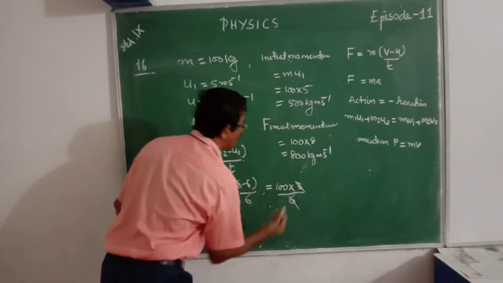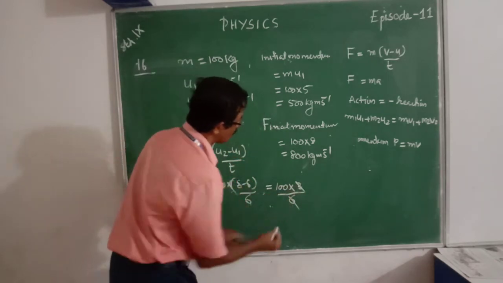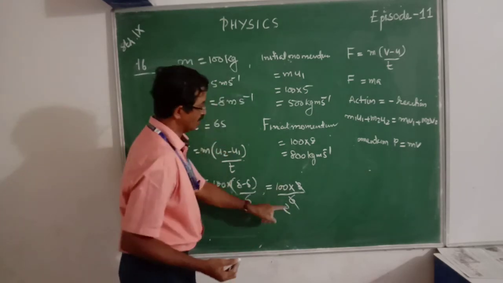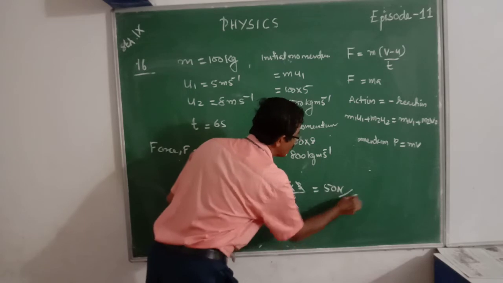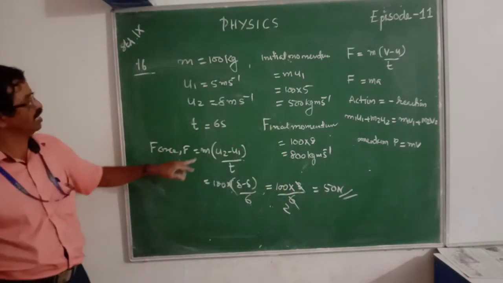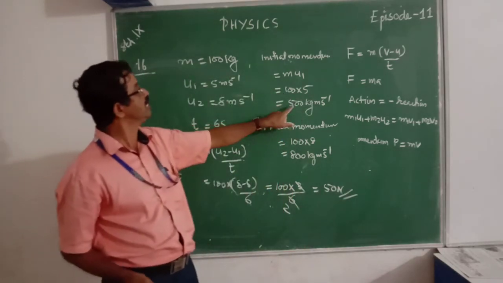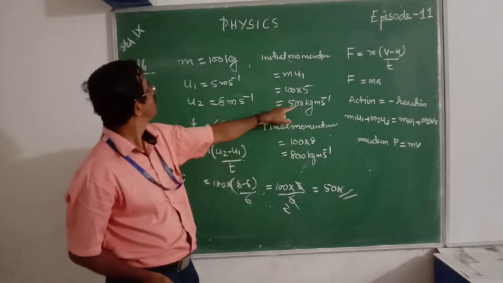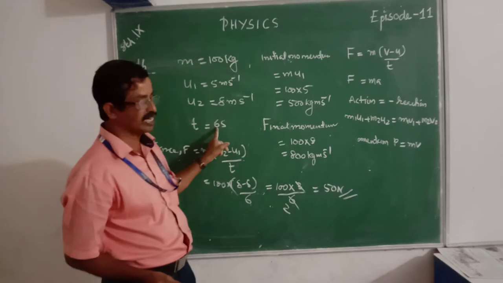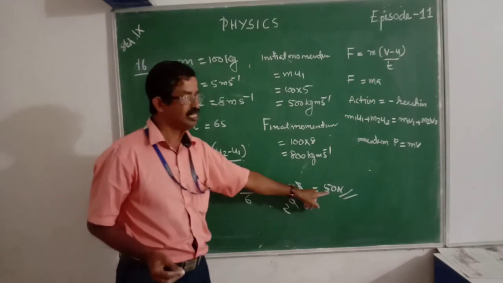This we can divide, how much will it come? 2. 100 by 2 is equal to how much? 50 Newton. Once again, here also we can get it from final momentum 800 minus 500, that is 300, by these 6 seconds. That also gives 50 Newton.